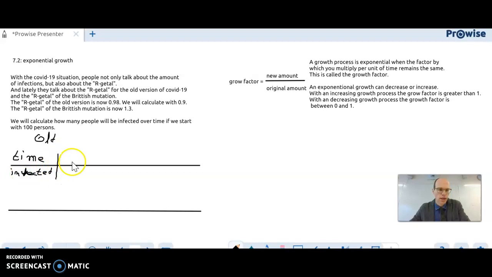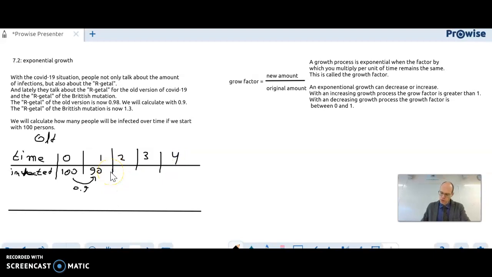At the start, at 0, we have 100. With the old mutation, we calculate with 0.9, so each and every time we need to multiply by 0.9. So if we have 100, we go to 90, that is at 1. And then we can go to 2 and 3 and 4.